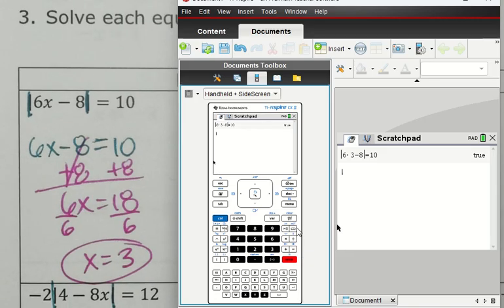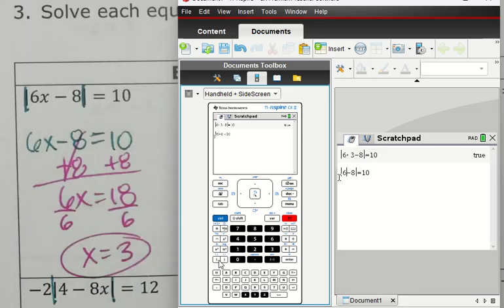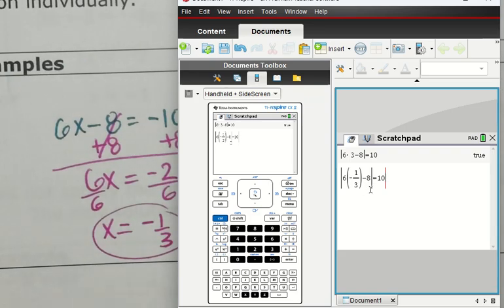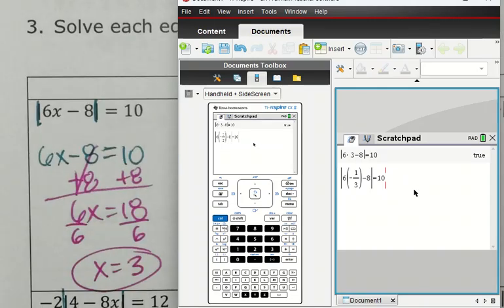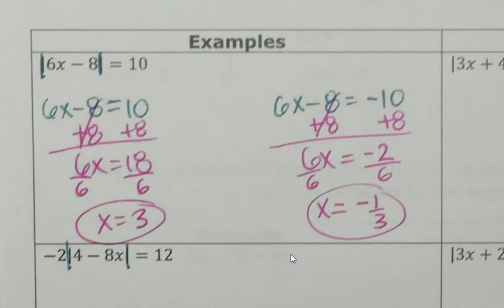And then if we're going to use the same equation, but now instead of 3, you're going to have -1/3. So it's just a matter of typing this carefully. So notice that I have 6 times x, so 6 times -1/3 with this value right here. Minus 8 equals 10. So both of them are true. That means both of these answers are correct.